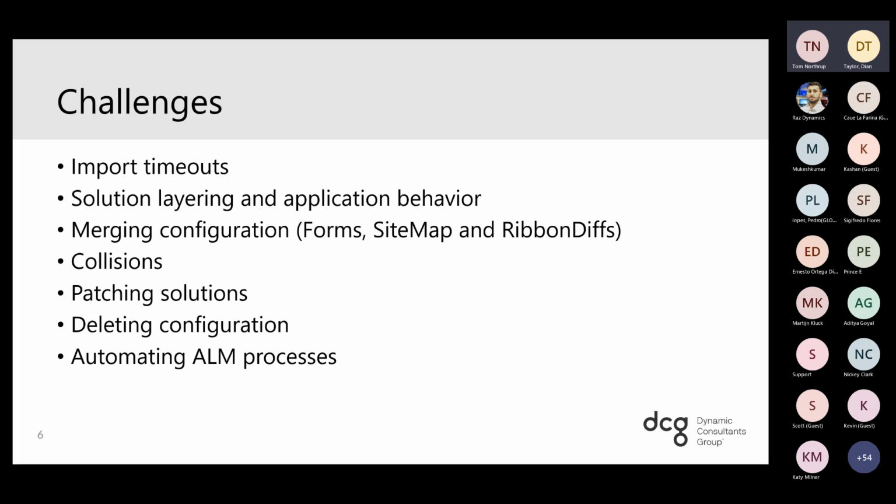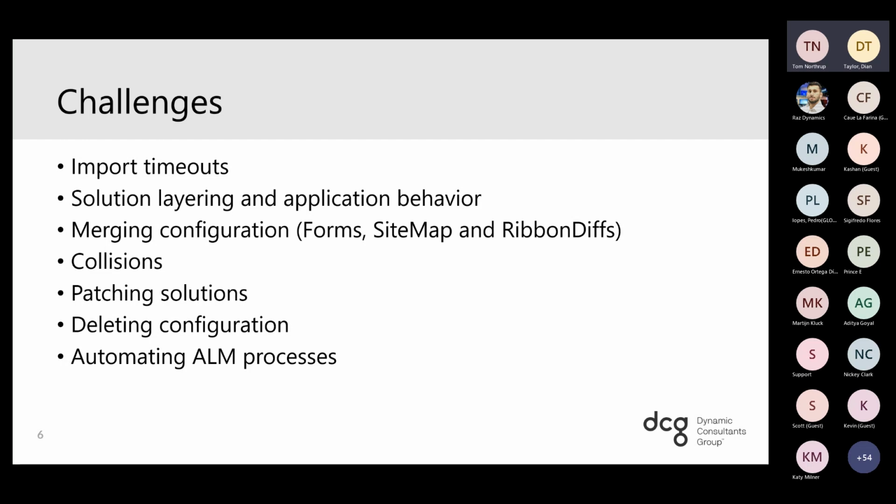Other times, it's always the last imported change that trumps what happened before it. What happens when there are collisions? That's when you have a component that exists in multiple solutions. What happens to the user experience? Patching solutions used to be an option, but Microsoft has rolled that back and is deprecating it.